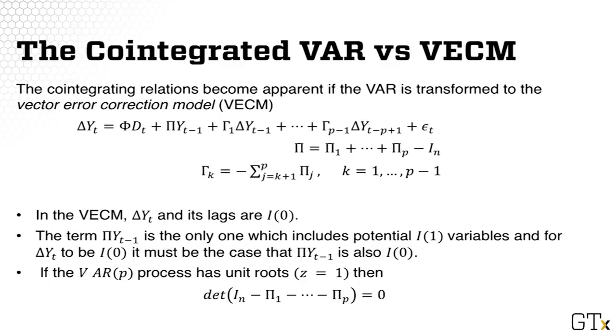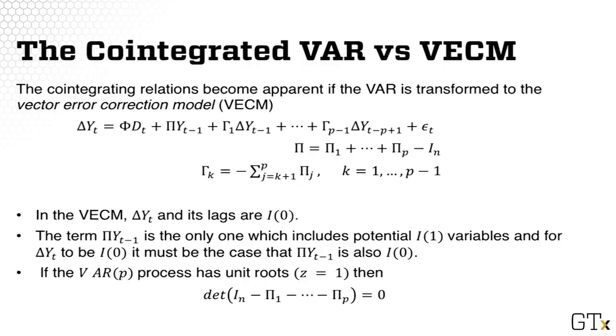VECM is particularly of interest in the interpretation of the relationships between the time series by introducing concepts such as long-term relationship between variables and the associated concept of error correction, whereas one studies how deviations from the long run are corrected. The VECM is described on the slide.